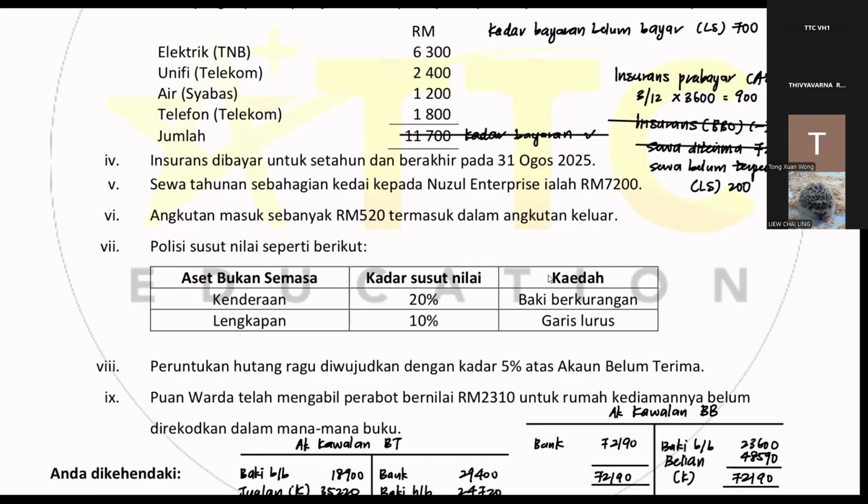Then number 6. Angkutan masuk 520 included as angkutan keluar, which is wrong. So we have to take out from angkutan keluar, put it back to angkutan masuk. That means we need to add or minus angkutan keluar.